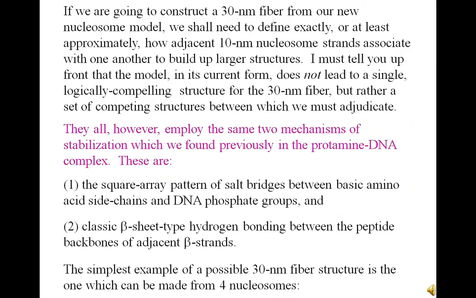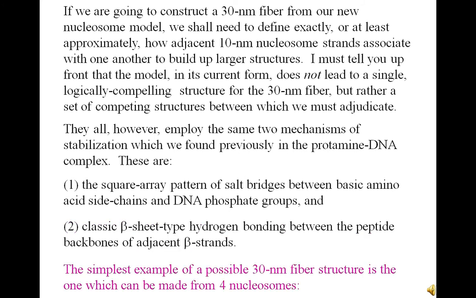They all, however, employ the same two mechanisms of stabilization which we found previously in the protamine DNA complex. These are 1. The square array pattern of salt bridges between basic amino acid side chains and DNA phosphate groups, and 2. Classic beta sheet type hydrogen bonding between the peptide backbones of adjacent beta strands.